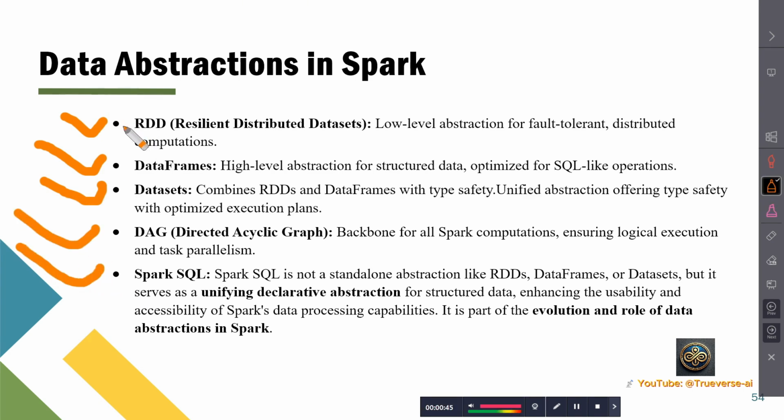This is based on order. When Spark was introduced, it used RDD first, then second the DataFrame, and then RDD plus DataFrame combined together came to the Dataset. So the Dataset is a combination of RDD and DataFrame. So these are the three main ones.